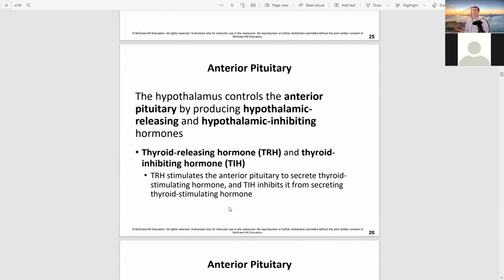So the hypothalamus controls the anterior pituitary by producing hypothalamic releasing and hypothalamic inhibiting hormones. So thyroid releasing hormone and thyroid inhibiting hormone. TRH stimulates the anterior pituitary to secrete thyroid stimulating hormone, and TIH inhibits it from secreting thyroid stimulating hormone.